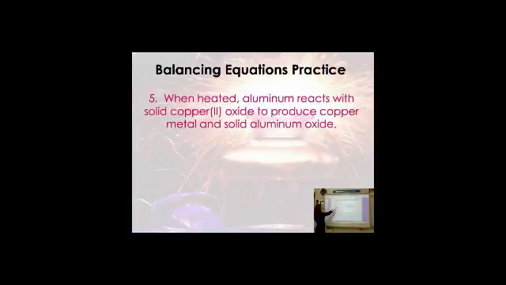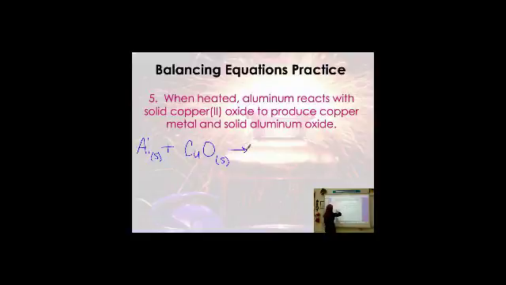Example number 5. When heated, aluminum, we know, all by itself is a solid, right? Aluminum foil, aluminum cans, reacts with solid copper(II) oxide. Copper is a 2 plus, oxygen's a 2 minus. That's nice. That balances out for us. It's a solid.